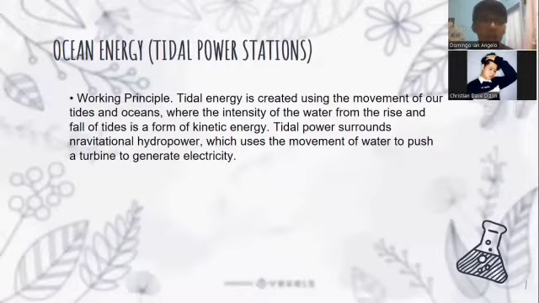Ayan. The intensity of the water from the rise and fall of tides is a form of kinetic energy. Tidal power resembles gravitational hydropower, which uses the movement of water to push a turbine to generate electricity.